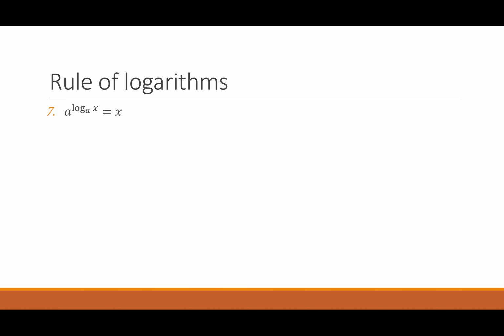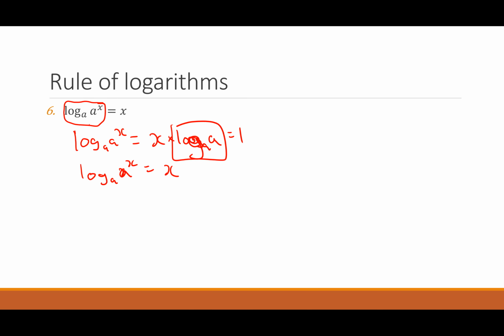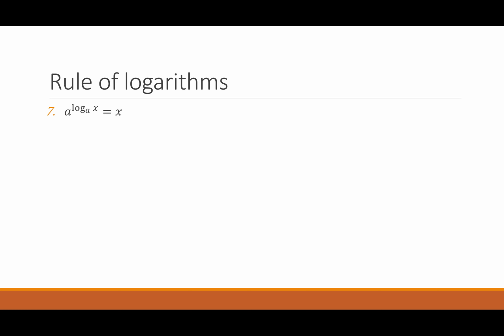Alright, so our next rule: a to the log with the base a of x equals x. So it's quite crazy, right? You've got log of a to the x equals x, and a to the power of log with the base a of x is x. Well, let's prove this just for completeness. Let's take the log on both sides of this. So we'll have log with the base a of a to the log a of x.